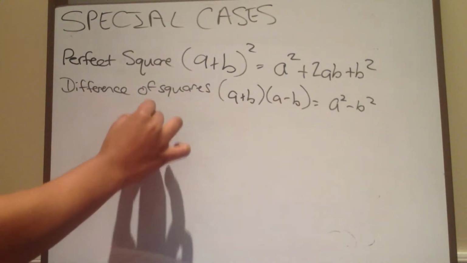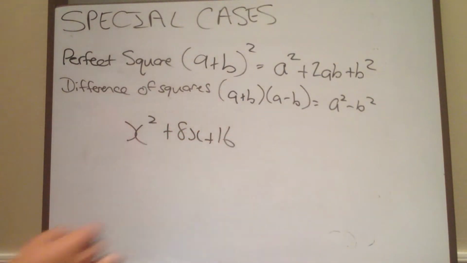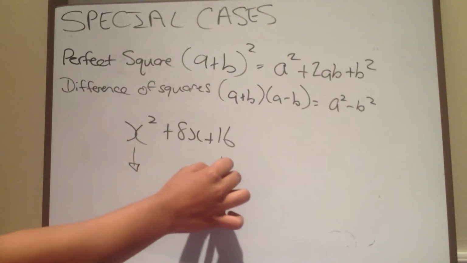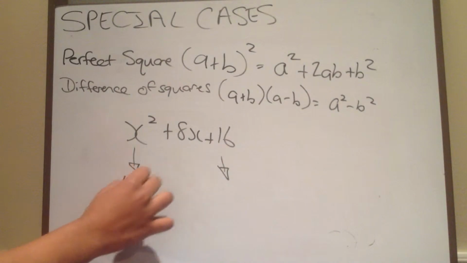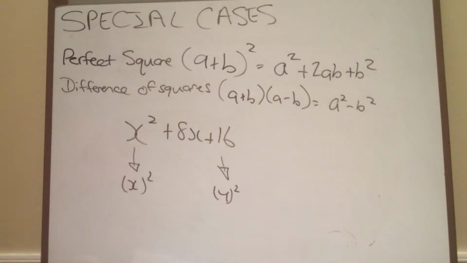When we have x squared plus 8x plus 16, you have to check if you could square this. So x squared can be squared, and 16 would be 4 squared. So this could potentially be (x plus 4) squared.